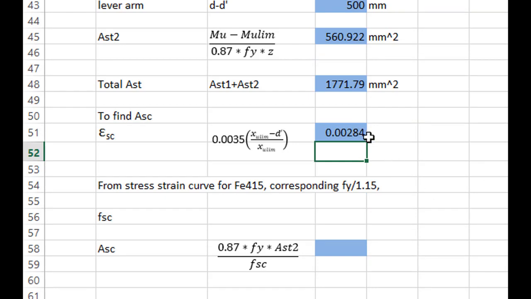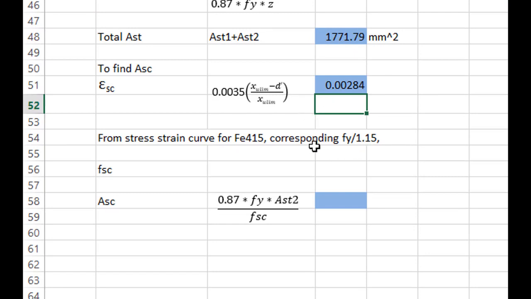So we have obtained the value of epsilon SC. Then by using this value and from the stress strain curve, we can find the value of FSC, which we can find from the SP16. So the value of FSC we have found is 352 Newton per mm square.